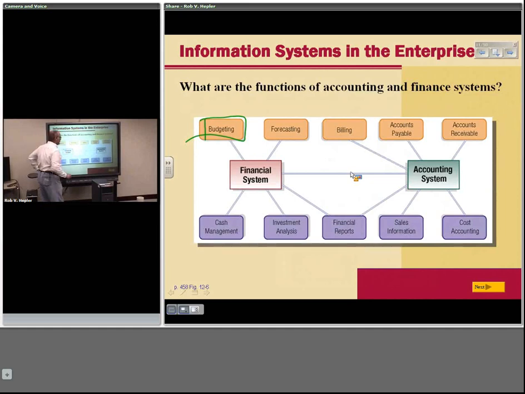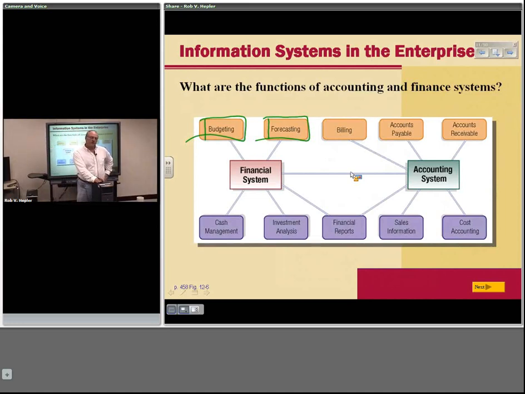Budgeting, that's of course figuring out from the strategies, what money do I need to develop those strategies next year. Budget is where you start all your planning. You're given so much money. Of course, budgeting starts actually with forecasting what you need.